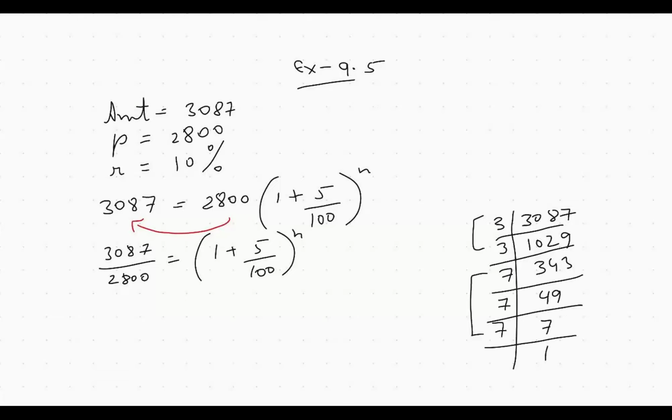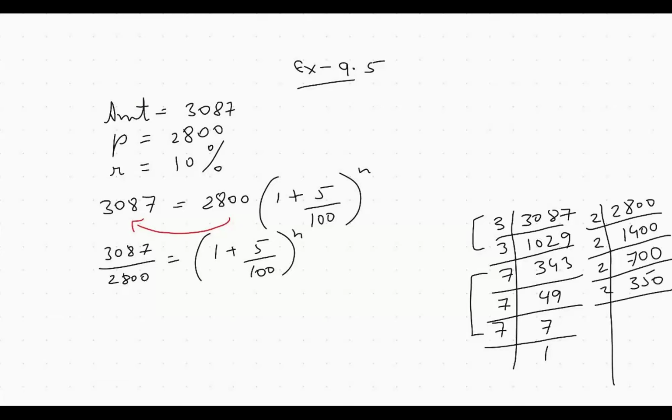So now check for 2800 also. Is my writing visible?